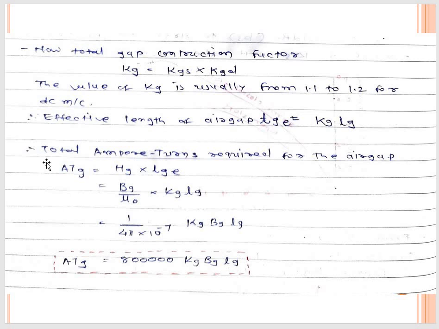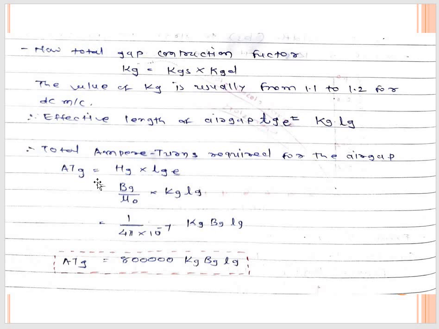Now the total ampere turns required for the air gap, ATg, is given by Hg into Lge, because we know that the equation of mmf or ampere turn is simply H into L, where H is the magnetic field strength and L is the length of the particular system.